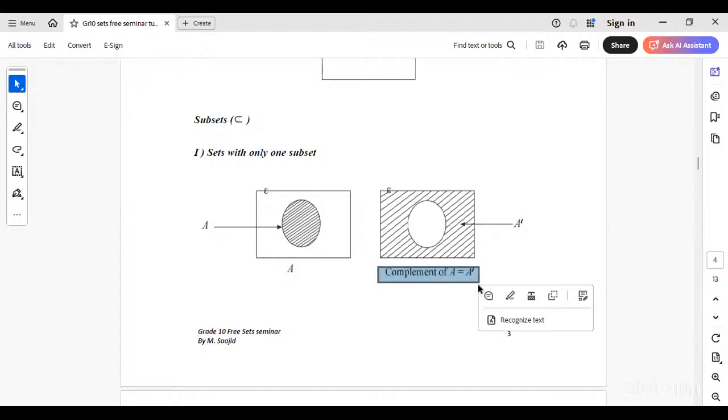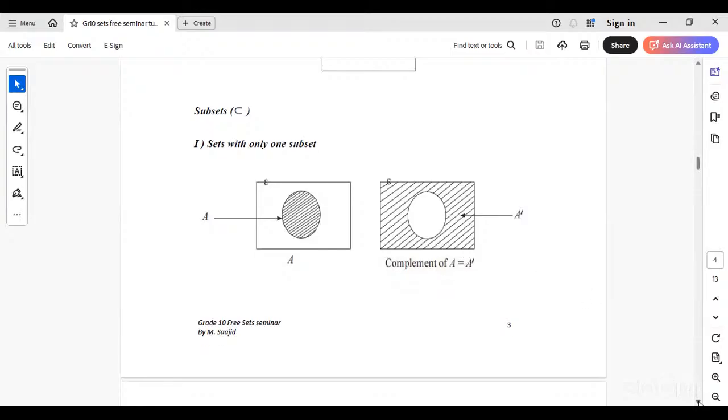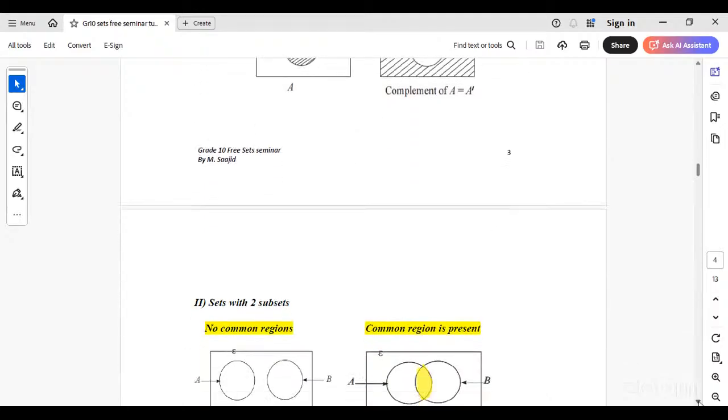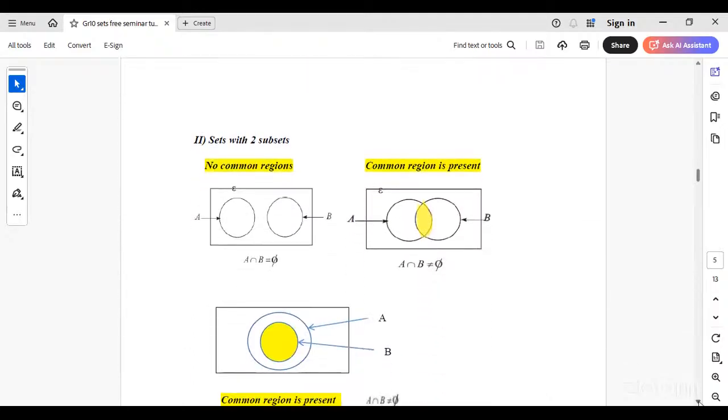A is the circle, and A dash is the outside part. So A dash is the complement of A, right? Then let's go for sets with two subsets.